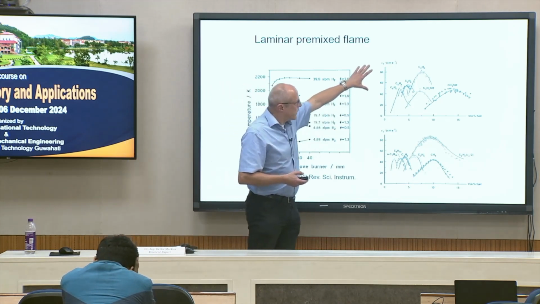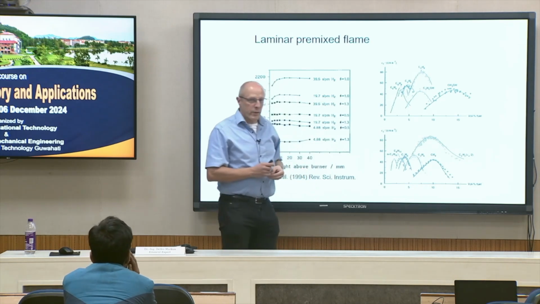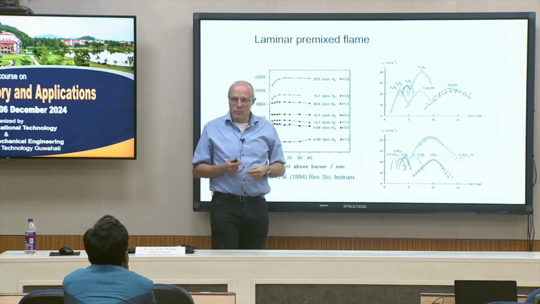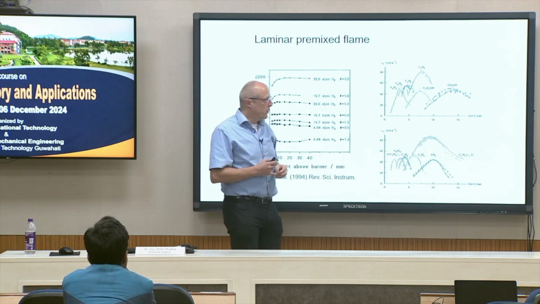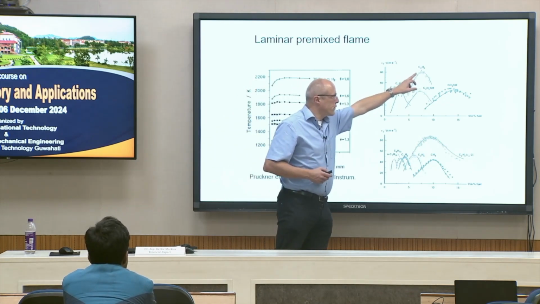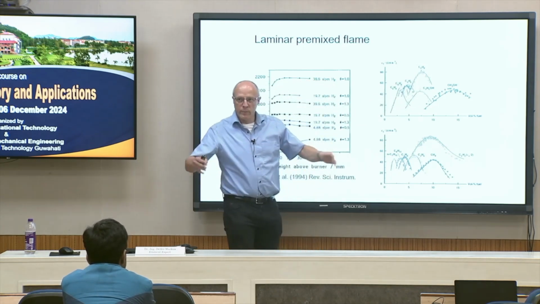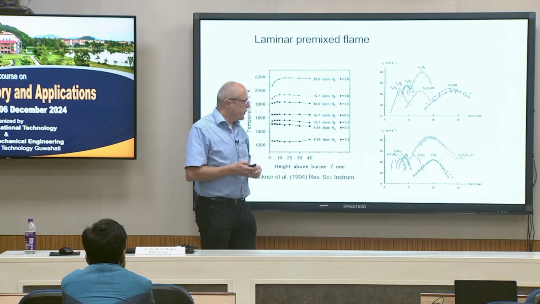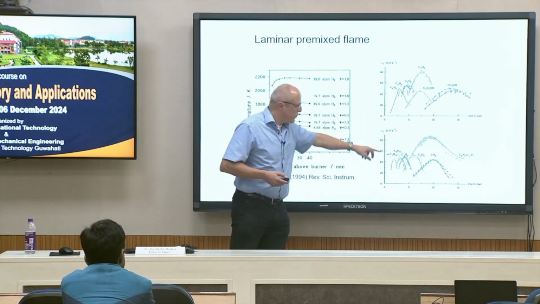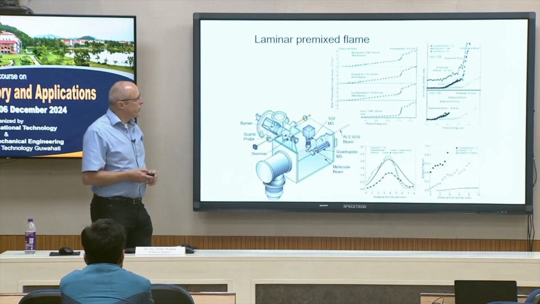So here we can see flame velocities for typical hydrocarbons, depending on the mixture composition, the fuel-air ratio we have. Near the stoichiometric composition we always see the maximum, and then the flame velocity reduces here for different hydrocarbons.